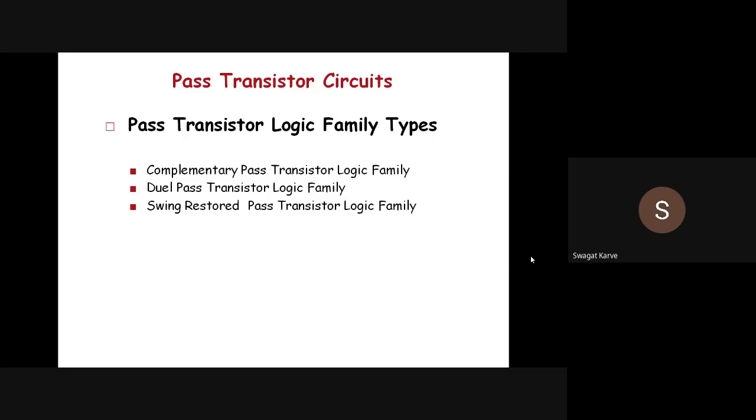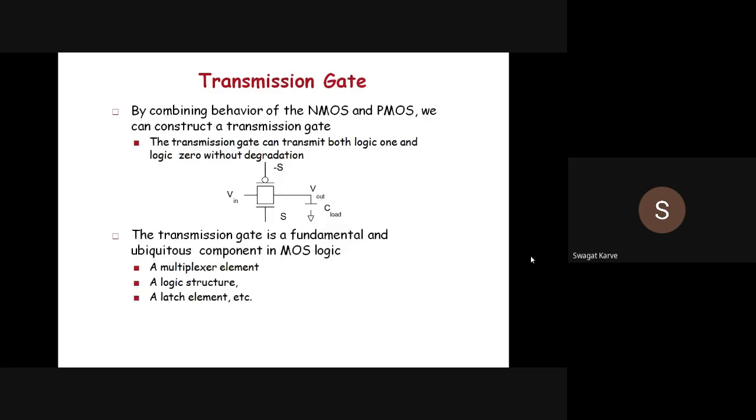Complementary PTL, dual PTL, and swing restored PTL. These are the three types of the pass transistor logic family, right?